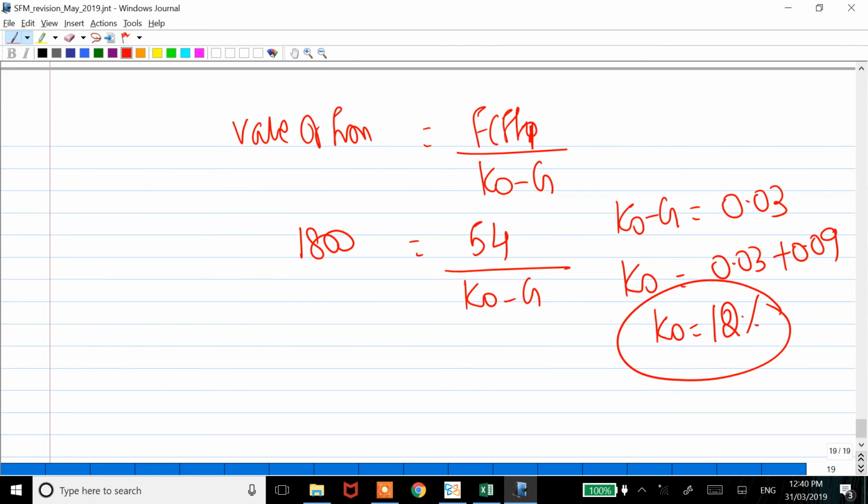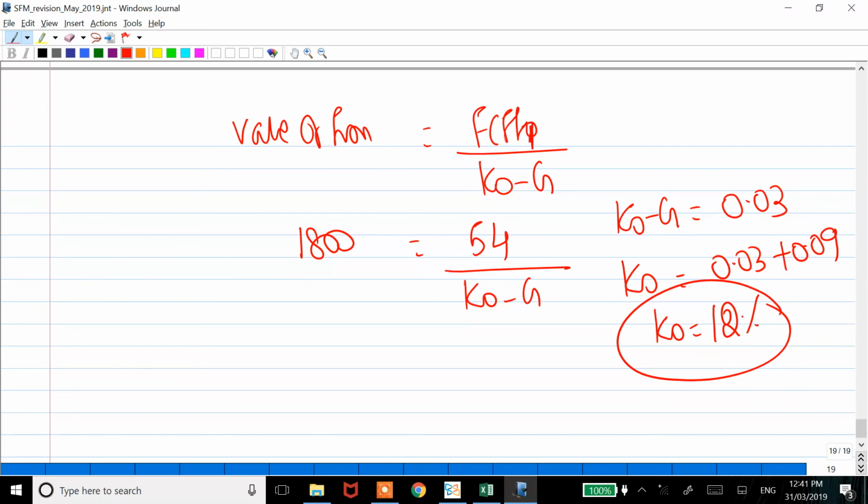Growth is 0.09, 9%. Value of firm is equal to FCFF1 by KO minus G. 1800 is equal to 54 by KO minus G. KO minus G is equal to 54 by 1800, which is 0.03. Add 0.09. KO is equal to 12%.